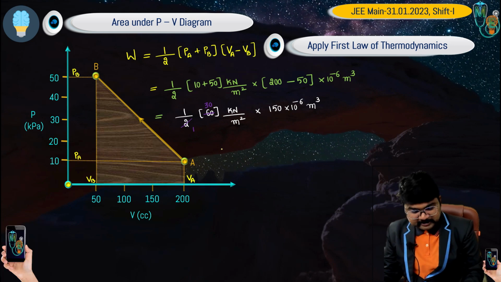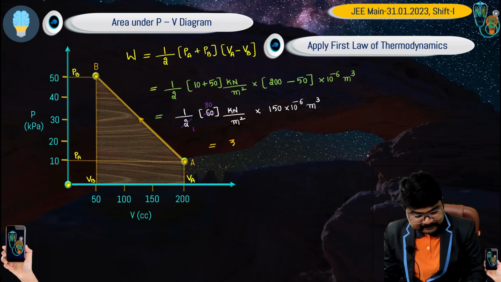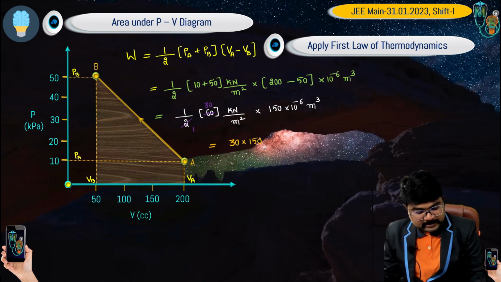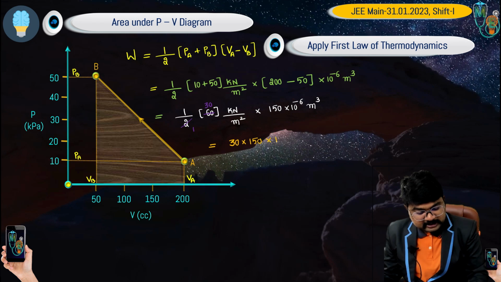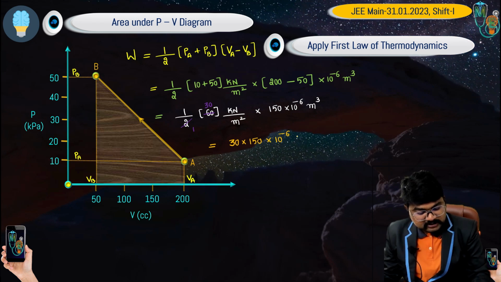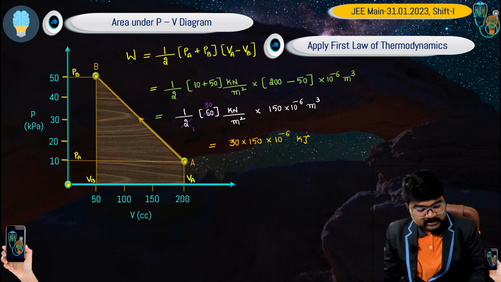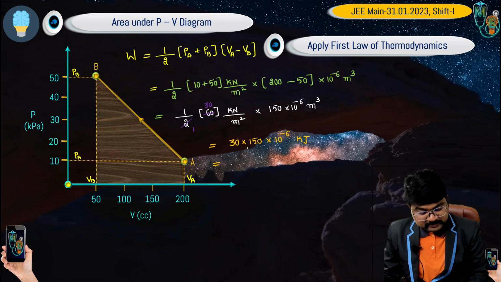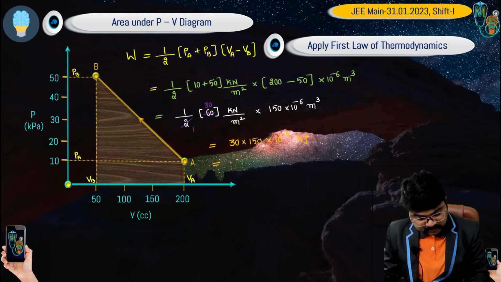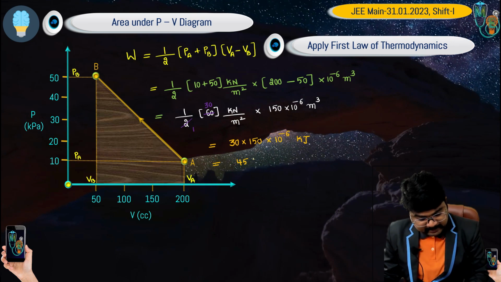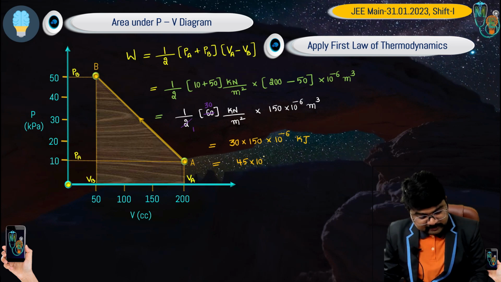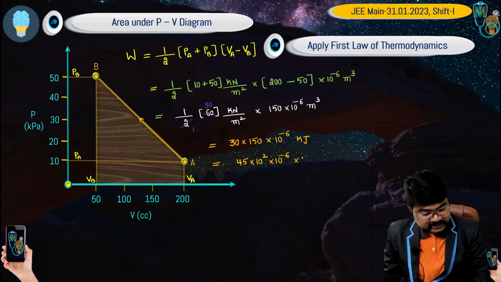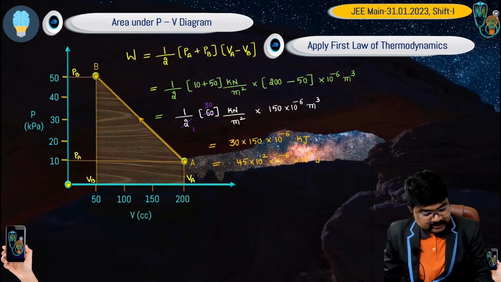Here how much are you getting? 30 into 150 into 10 power minus 6, in kilojoules. Meter square and meter cube, kilojoules you will be getting. Here 15 3s are 45, into 10 square into 10 power minus 6 into 10 cube, in terms of joules.